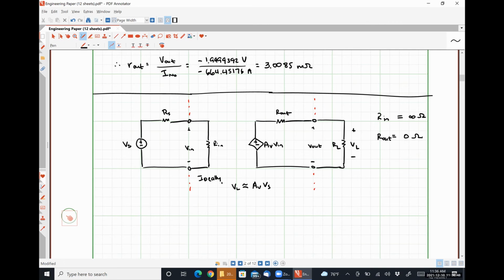Now, this model doesn't tell us anything about what the ideal voltage gain for a closed loop amplifier is, okay, because this is an open loop configuration. And that discussion really exceeds the amount of knowledge that we currently have. So I'm just going to give you the answer.